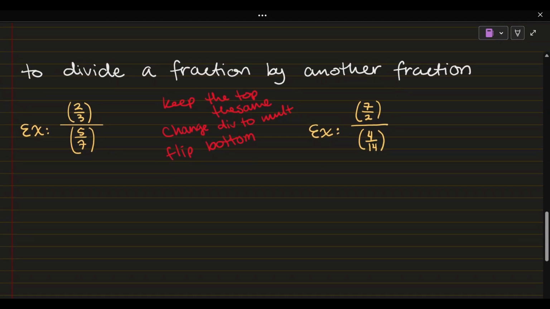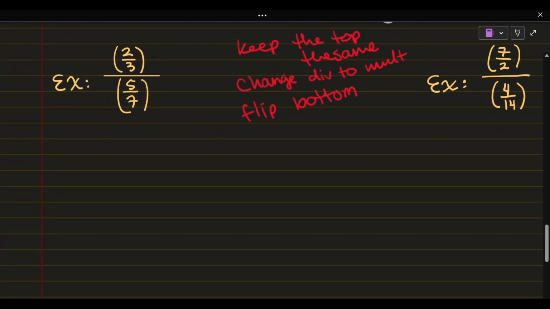So what that looks like, we'll say for this example, is we keep the numerator, so we keep the top one. So I have 2 over 3. I change the division to being a multiplication, and then I flip the bottom one.